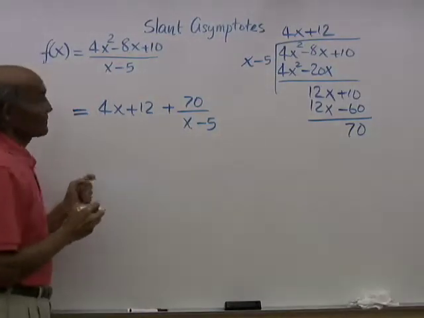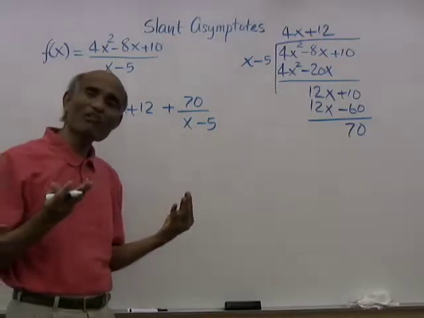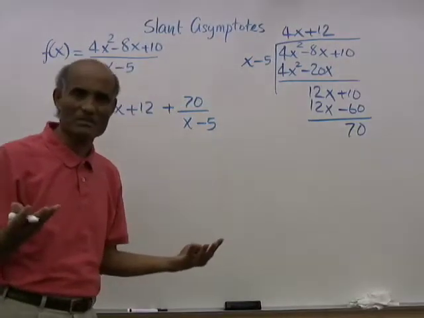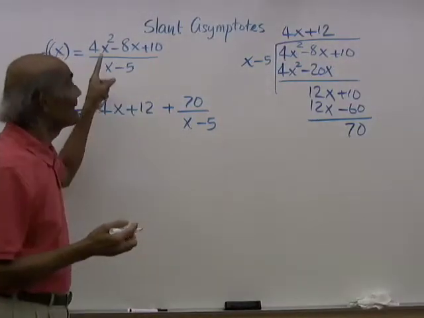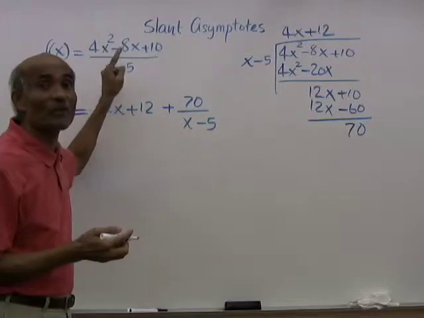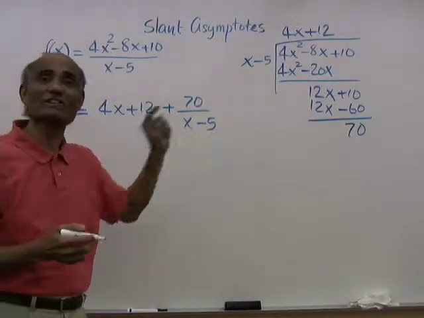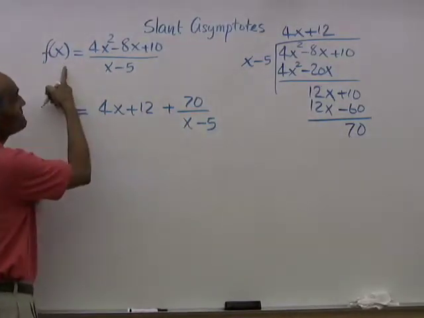Now, remember, the meaning of an asymptote here is the limiting value of this function when x goes to infinity. So let's find the limiting value.